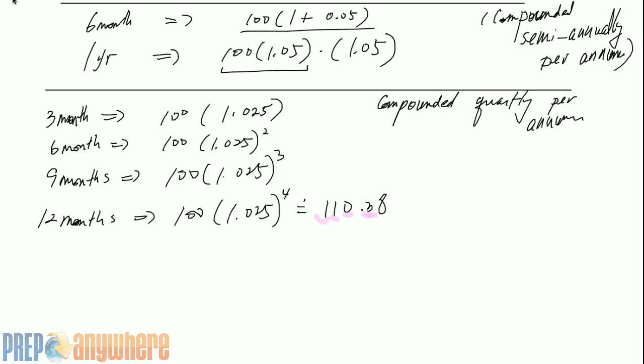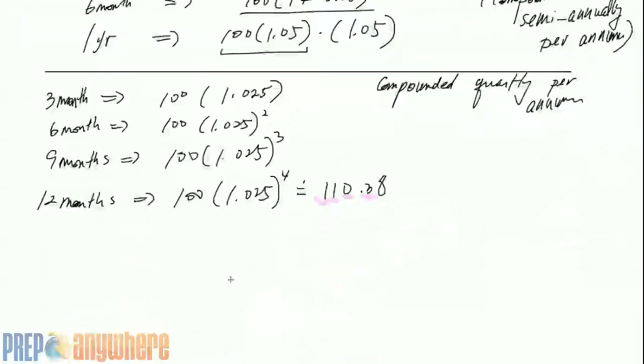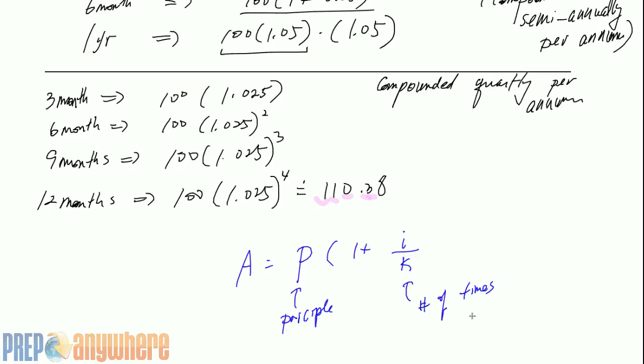So from that you should be convinced now that this formula makes sense. The final amount of money you get from compounded interest is the initial amount, which we call the principal, times 1 plus the interest divided by k, where k is the number of times compounded per year, to the power of k times n.